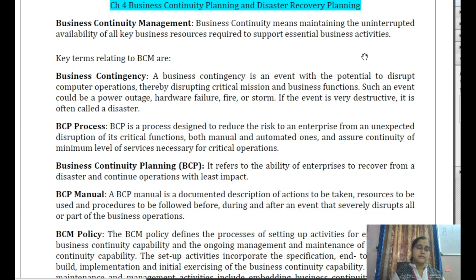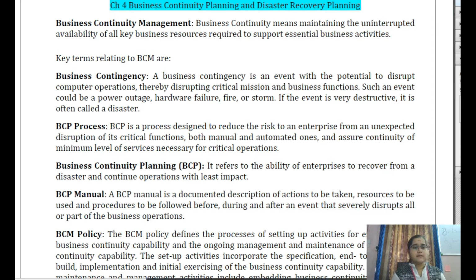Then it provides a rehearsed method of restoring the enterprise's ability to supply those key services to the users. And the business continuity management framework will also help in delivering a proven capability to manage the business through disruption. Therefore BCM, business continuity management, is a framework.